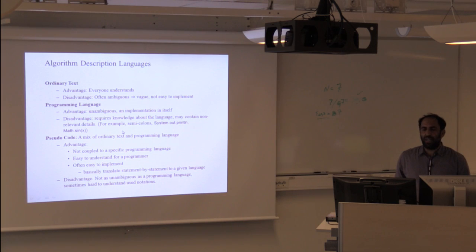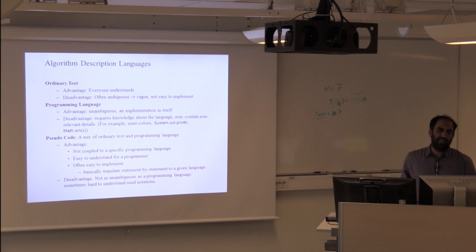If you use a programming language, which is the opposite of ordinary text, the advantage is that it is very precise according to its defined syntax and grammar. Another advantage is that if you have written an algorithm in a programming language, you actually get an implementation, so you don't need to implement the algorithm later.